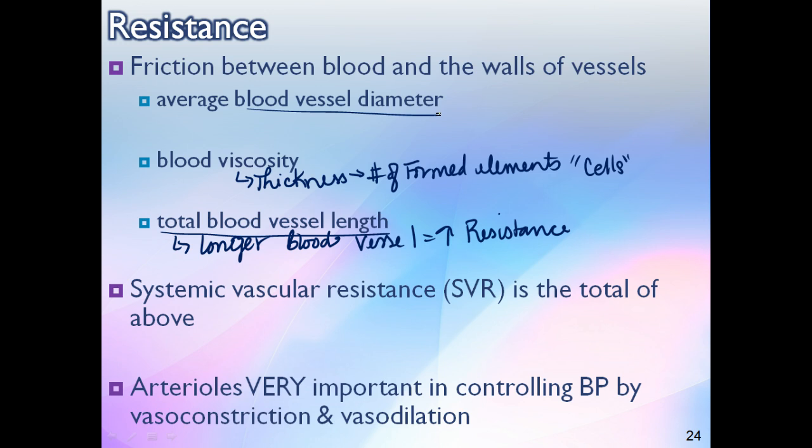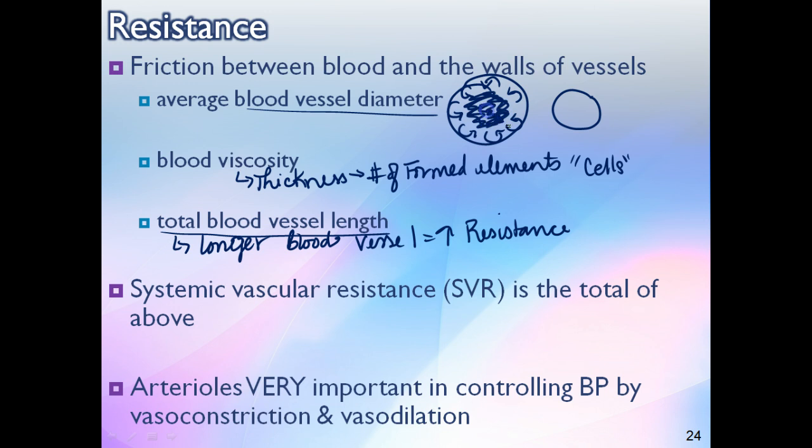Now, when we look at blood vessel diameter, this is what we see. If we take your average vessel, or two vessels, we see we have a diameter like that, and a diameter like that. Well, the larger one will have less resistance than the smaller one, and here's why. If we think about it, the larger one has less blood in contact with the vessel wall compared to everything that's free-flowing in the middle.